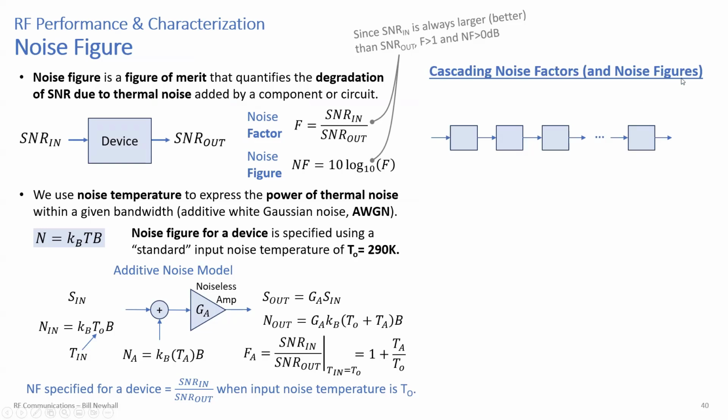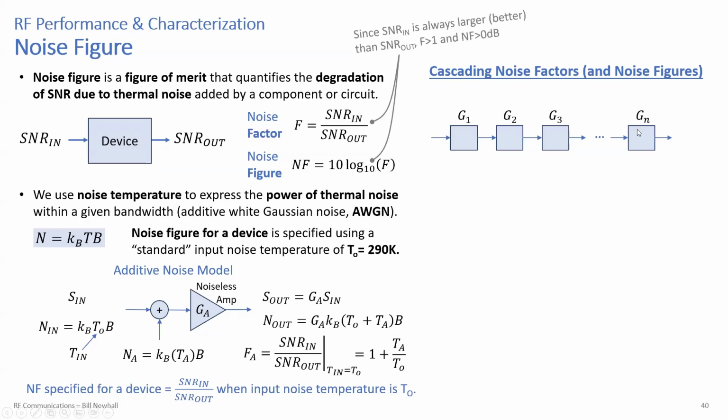I wanted to talk a little bit about cascading noise figures, or actually noise factors, which can be converted from noise figures. Many times we have a cascade of components, this RF chain, with many RF components, and a signal might get amplified, might get filtered, might get mixed throughout the signal path. So each one of these components has a gain.